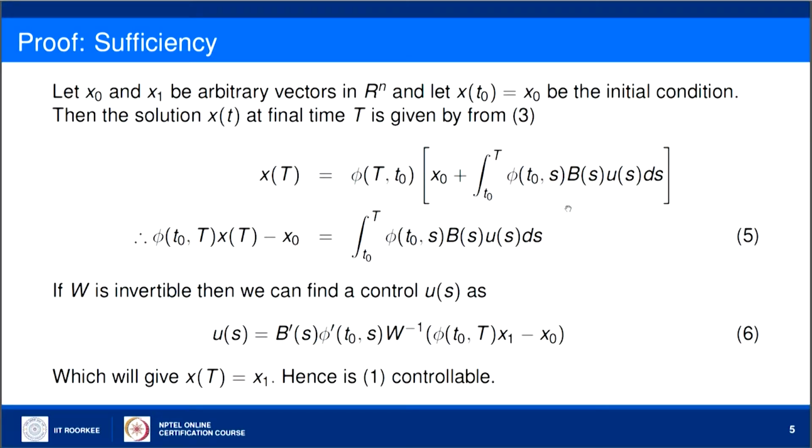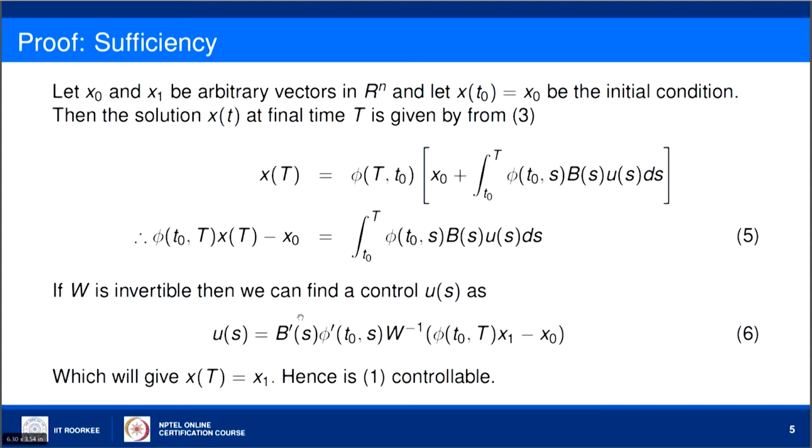So, we will bring that particular form here. So, u of s can be substituted as B transpose(s) phi transpose(s). If you put that, after doing the integration, it will become W. Then we can cancel the W by multiplying with W inverse. So, after multiplying here, we will balance it with this vector phi of T0, capital T into x1 minus x naught.